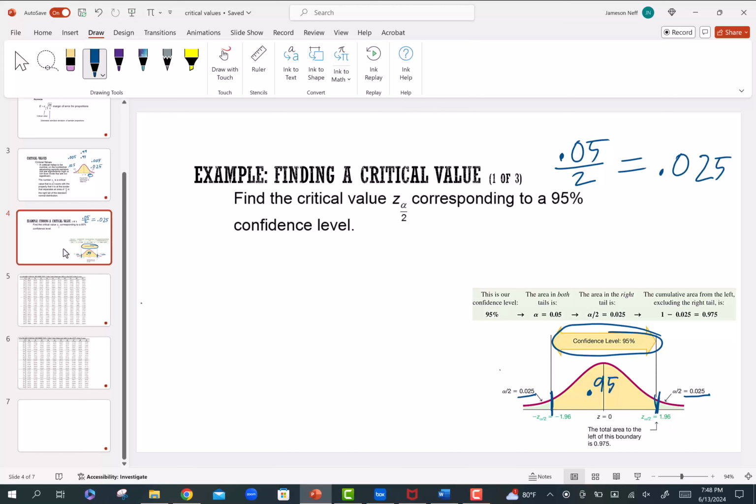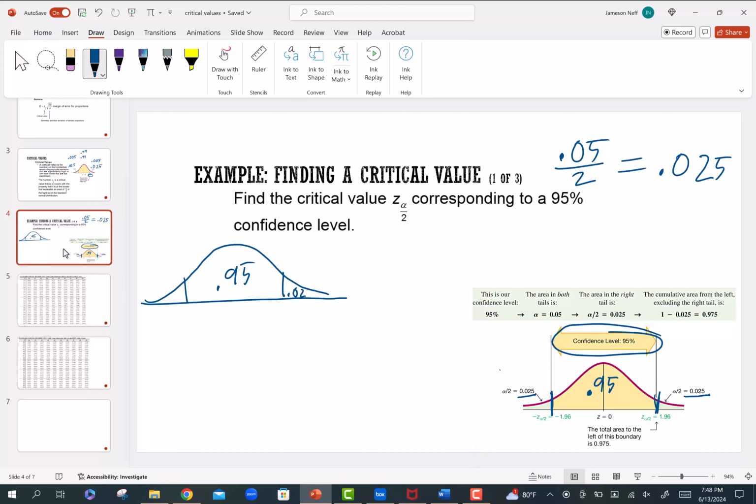Well, if 95% of the area is between them, and my table represents area to the left, I want to find what this z value is.